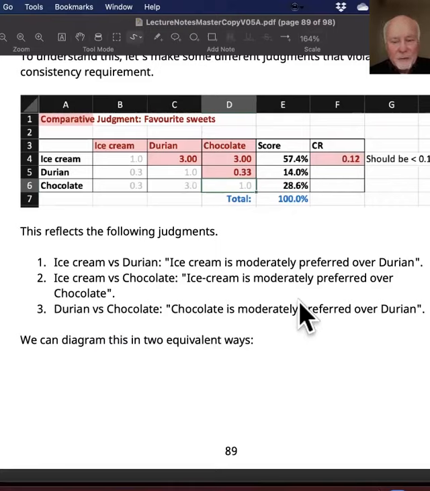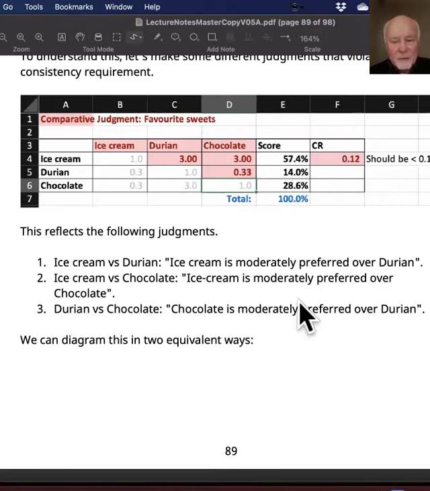The second diagram here is exactly the same thing. So it's saying ice cream is moderately preferred over durian, ice cream is moderately preferred over chocolate, and chocolate is moderately preferred over durian. And that's this relationship here.